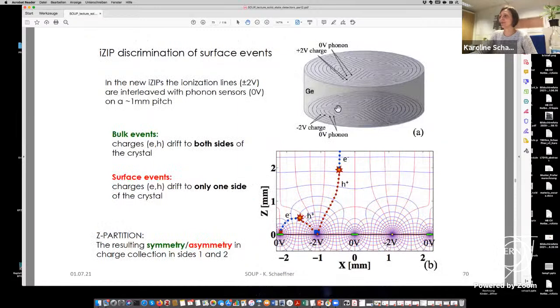Here just again to show you this with the particle surface rejection. Depending on where you have your interaction, you then have the holes and electrons drifting to one side or the other, and like this you can reject such events, which is good, because imagine you have, for example, lead-210, so you have an alpha decay, and imagine the alpha decayer sits on the copper holder, and then you get the nuclear recoil.